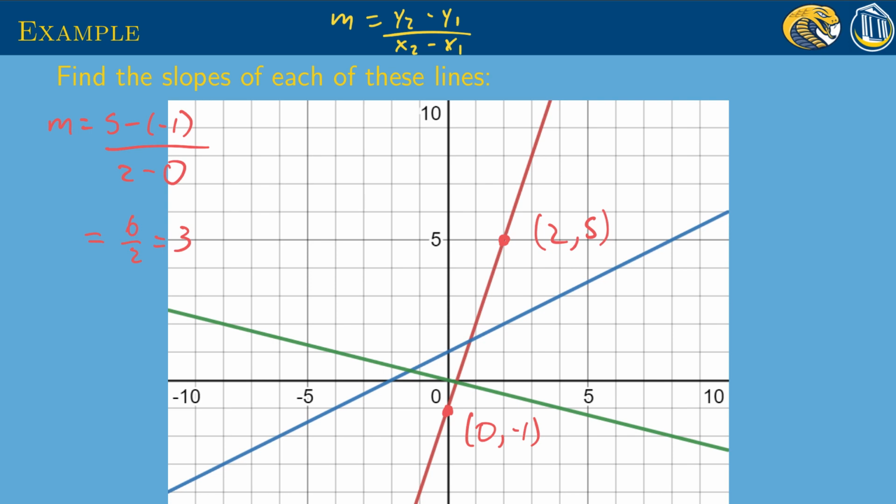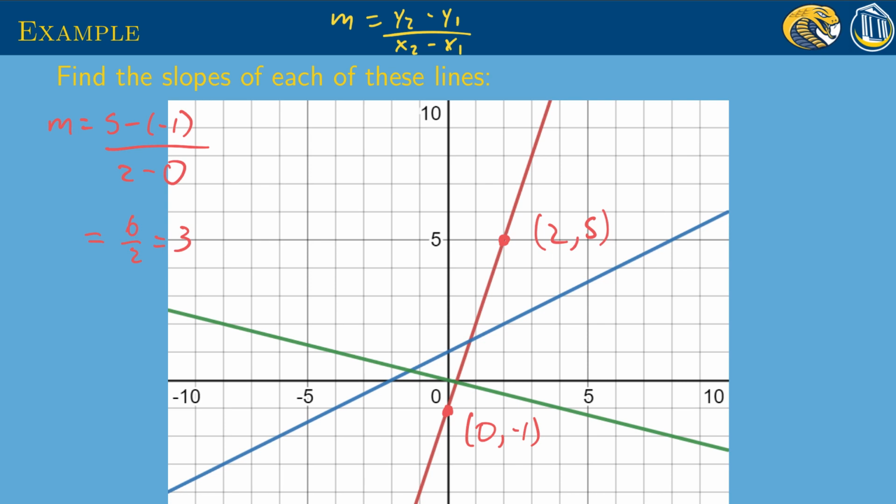What that means is that we're moving over 2 units, and we're moving up 6 units, and equivalently a slope of 3 means that each time I take a step 1 unit in the x direction, I go up 3 units in the y direction. Over 1, up 3, over 1, up 3.